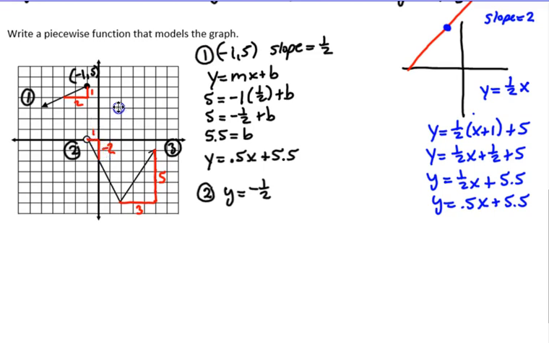So basically you can pick any point on the graph to be your shifting point. If I look at this point right here, this end point, that's at negative 1, 0, I can just say, hey, this is the graph of y equals negative 2x, but it's been shifted to the left 1. So I can just say negative 1/2 times x plus 1, which is y equals negative 1/2 x minus 1/2.